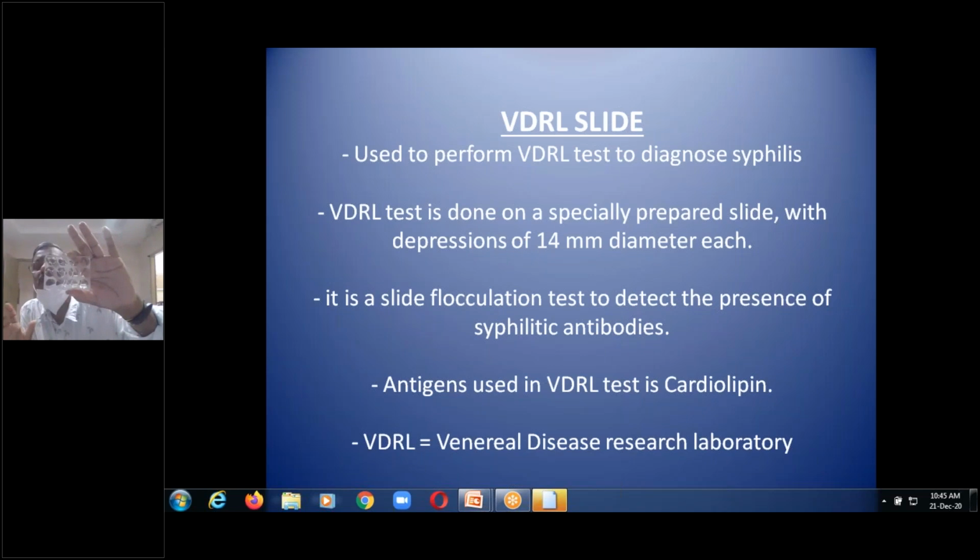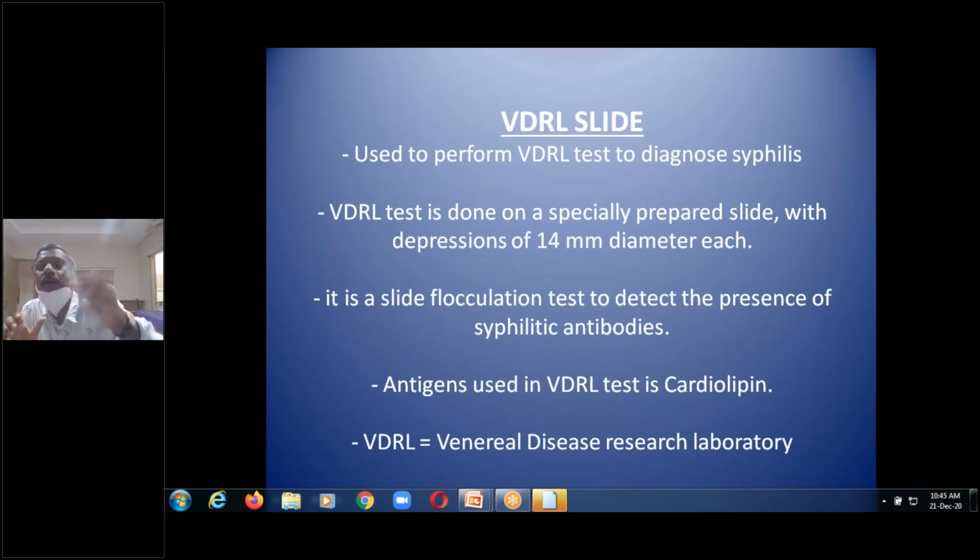It is a non-specific test. Why? Because the antigen used in the VDRL test is cardiolipin antigen, not the syphilis antigen. The cardiolipin antigen is used for the detection of syphilis antibodies. That is why this test is called a non-specific test.